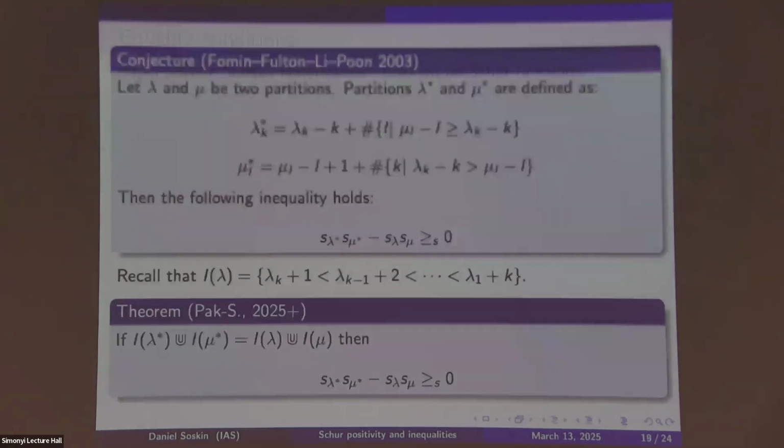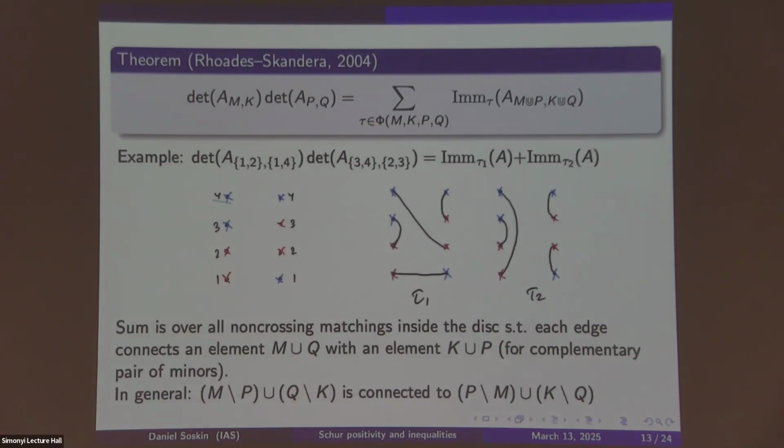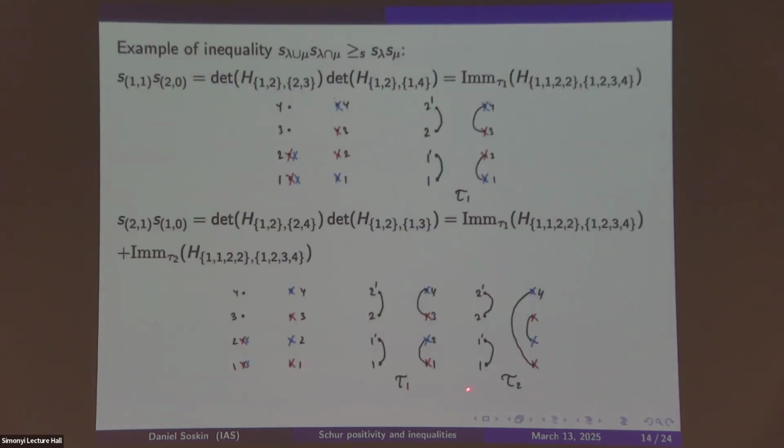So if you go back to our example, we could see here that the immanant given by the Kaufman diagram tau 2 is in the second covering, because this particular diagram connects vertices of opposite color for the covering coming from the second product.